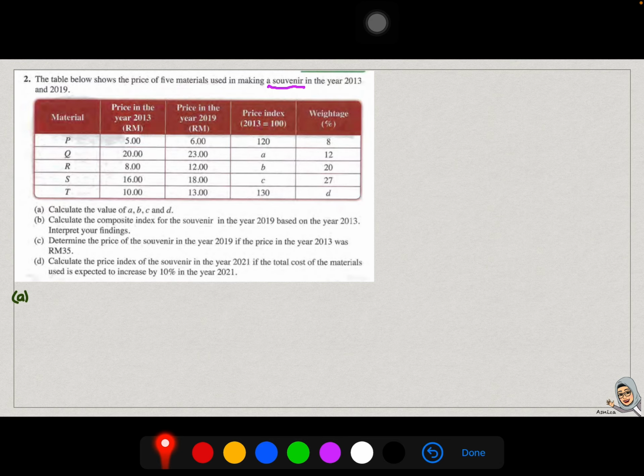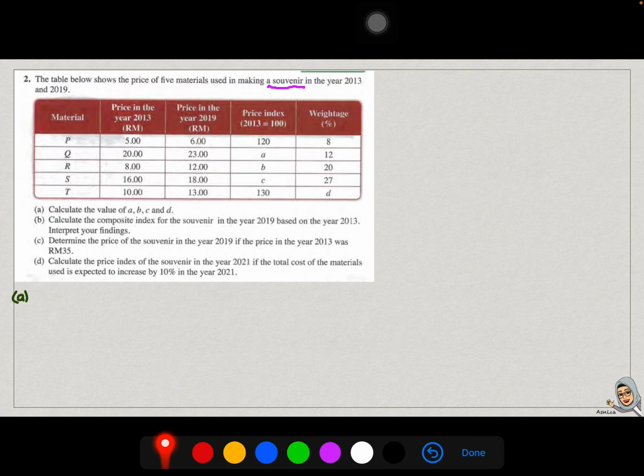So this will show you the price index for the year 2019 base 2013. And the last column shows the weightage for each material used. Now for the first part, you need to calculate the values of A, B, C, and D. A will be a value in the price index for the year 2019 base 2013.